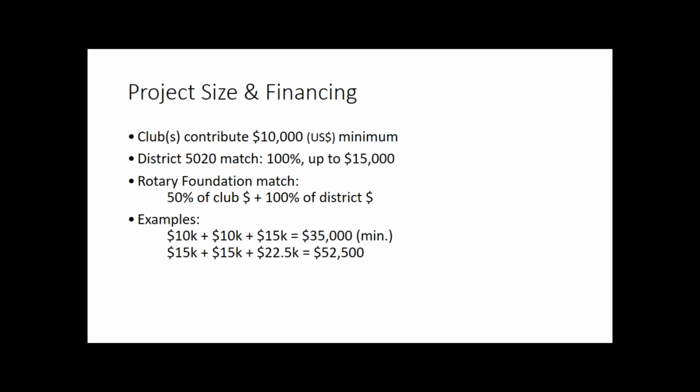There's $5,000 from the $10,000 of club money, and there's $10,000 matching from RI DDF, gives you a total of $35,000. It's multiples then. If you can raise $30,000, then the end result is that much more.